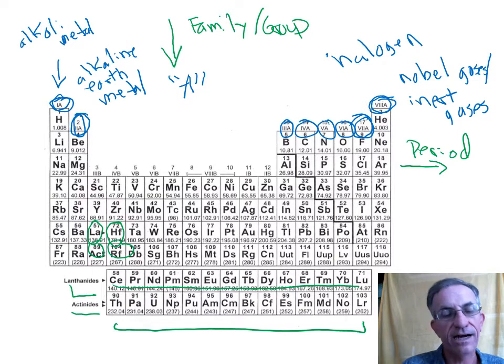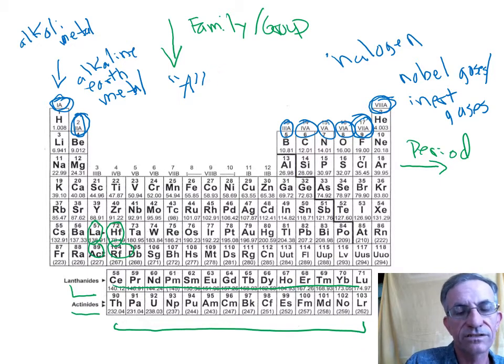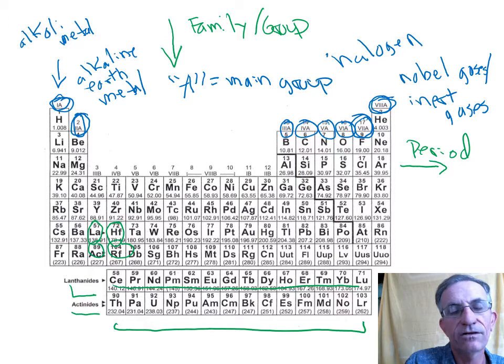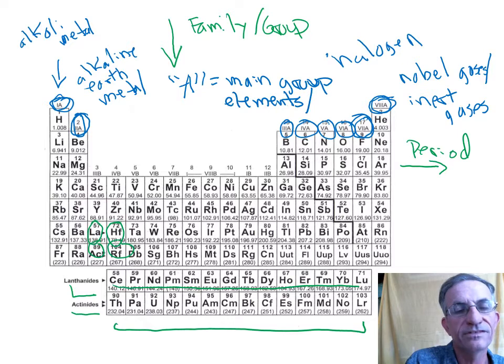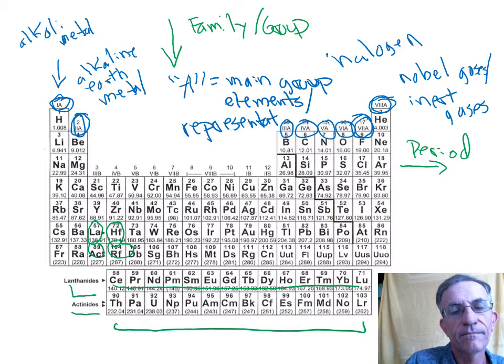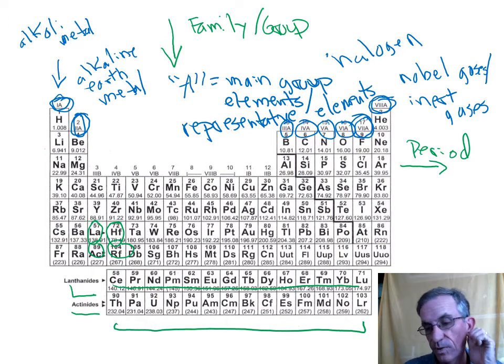If you are an A column, so I'm talking about these fellas, and then these over here on the far right side, collectively, together, they're either called the main group elements, or you might hear them called the representative elements. Okay. All right, so those are all the A columns put together.